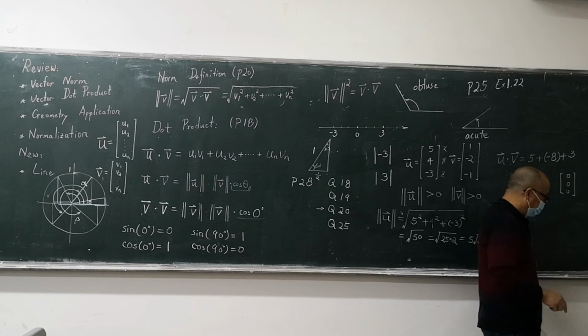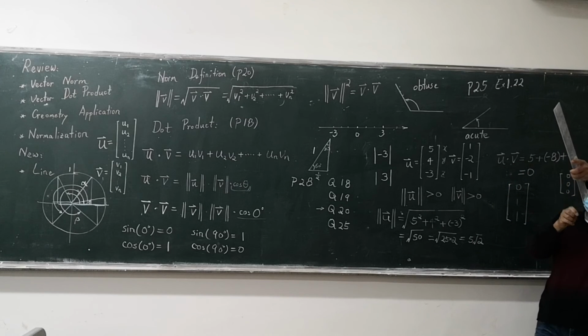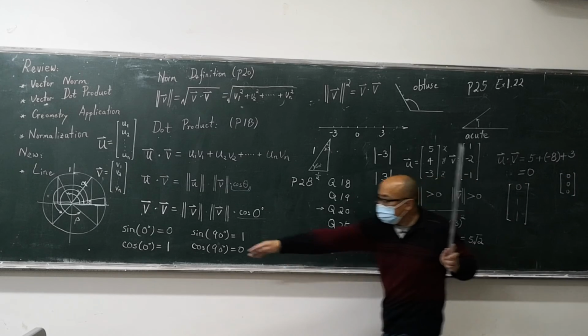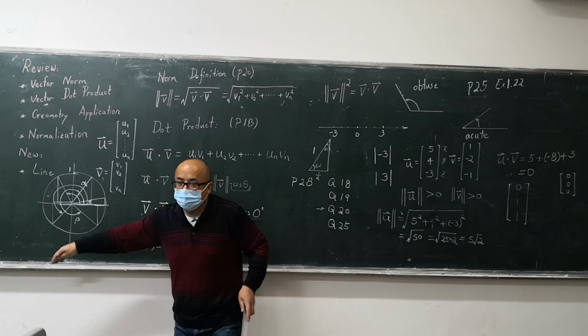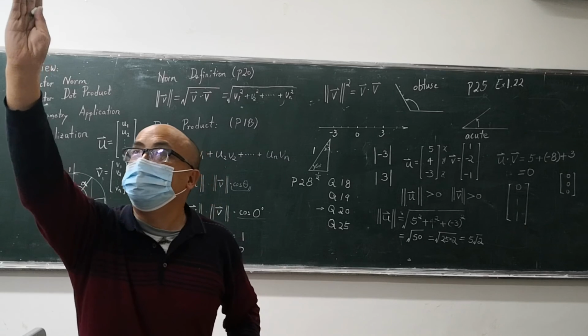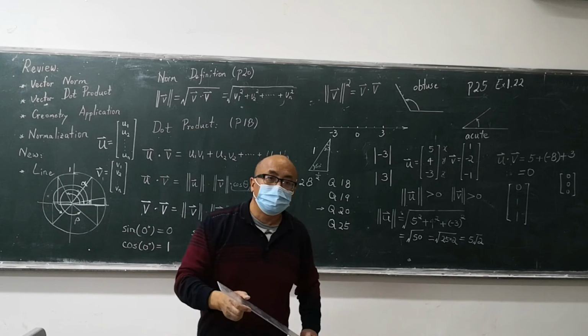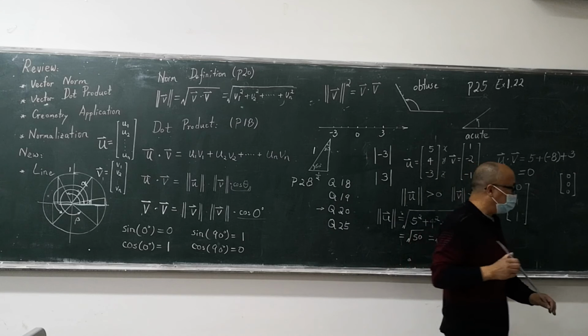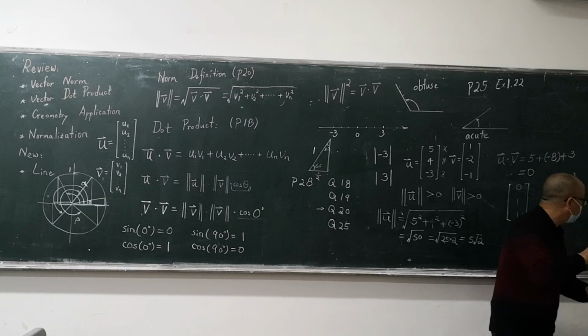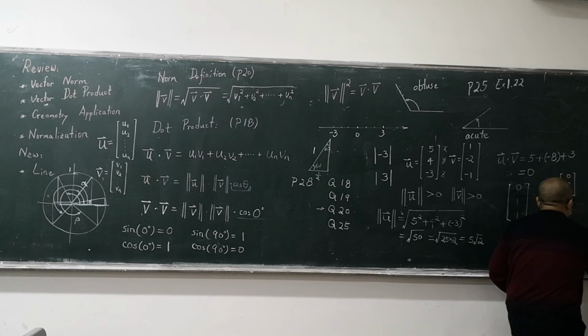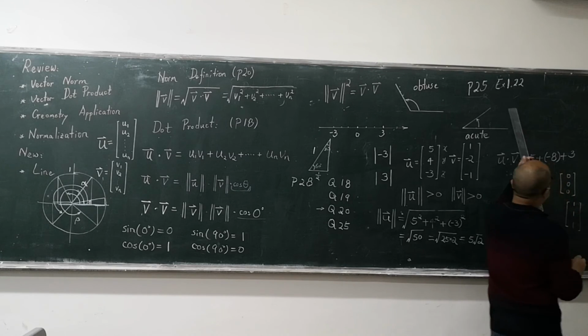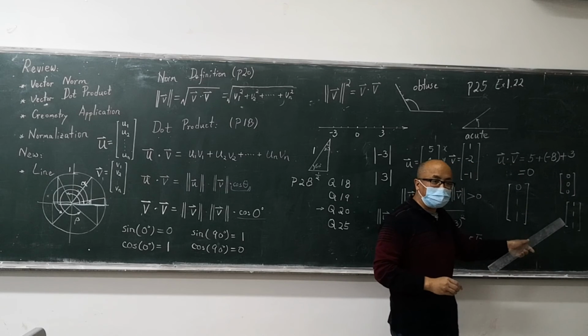From the origin over there, what's the vector? 1, okay? 1, and 1, and 1. So this vector from here over there is 1, 1, 1. The question doesn't use this vector.